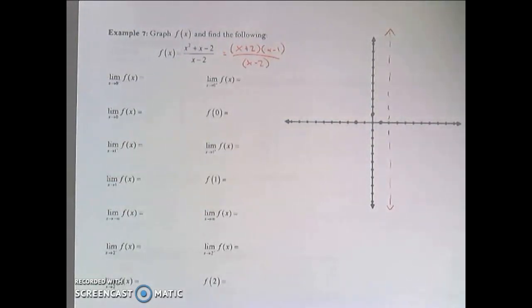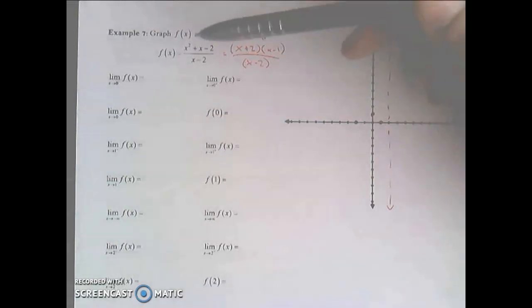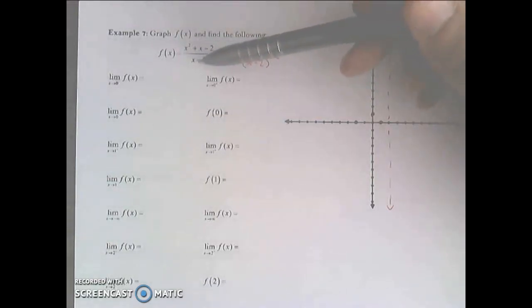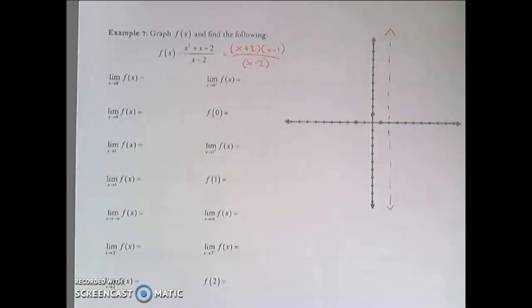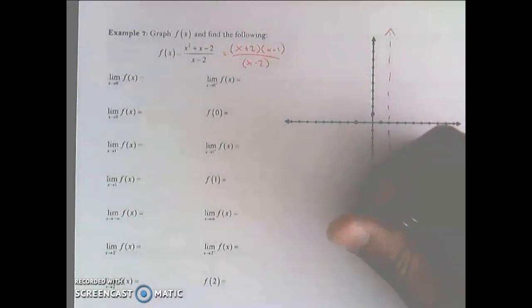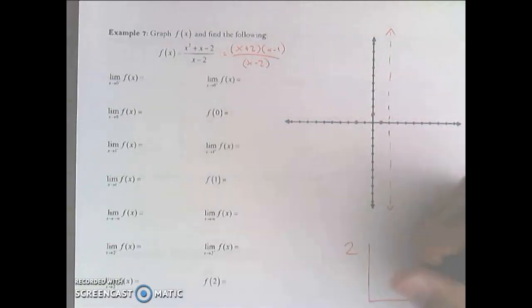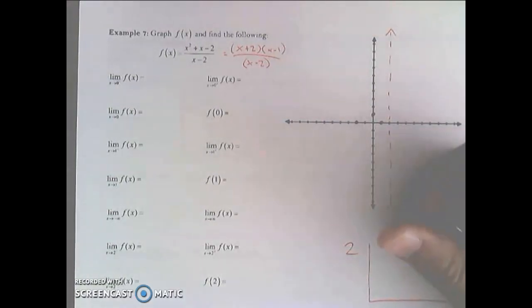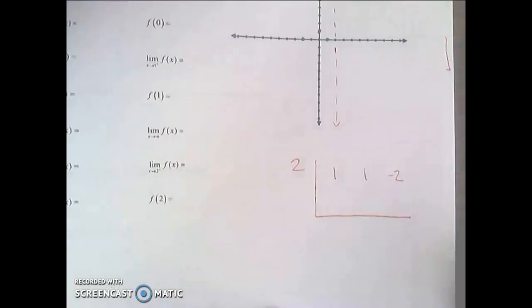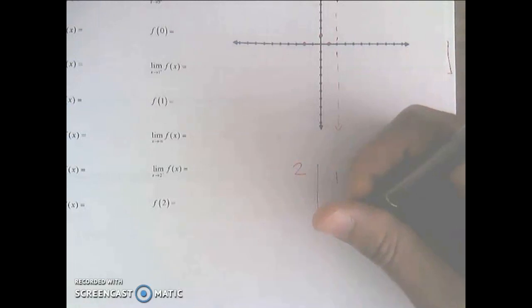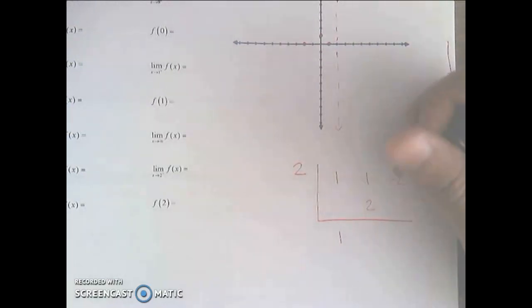Okay. We also have that the degree of the numerator is 1 greater than the degree of the denominator. So we have a slant asymptote. Let's go ahead and divide that out. So we've got dividing out x minus 2 into the trinomial x squared plus x minus 2. So we bring the first term down, we multiply, and we add. We multiply, and we add.